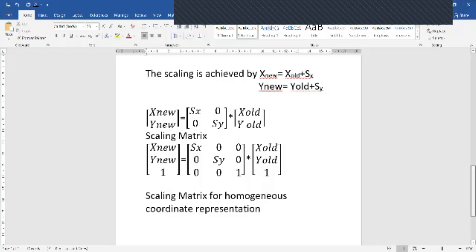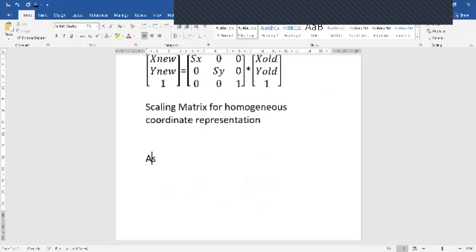Now let us go to the assignment. The assignment is: given a square object with the given coordinate points.